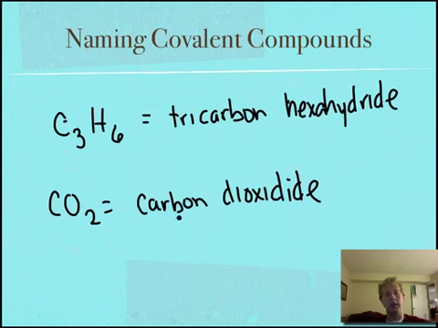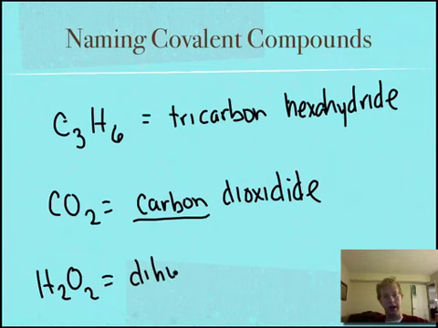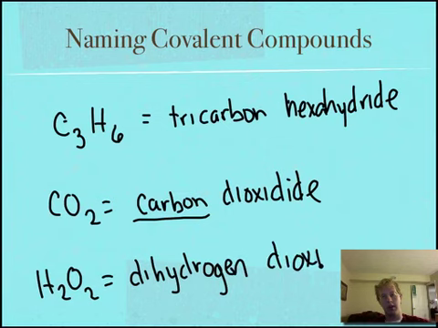There's no prefix with the carbon here because there's only one carbon listed. H2O2 is dihydrogen dioxide. You should be able to go from either the formula to the name or the name to the formula because it's telling you exactly how many atoms of each element you need to include.